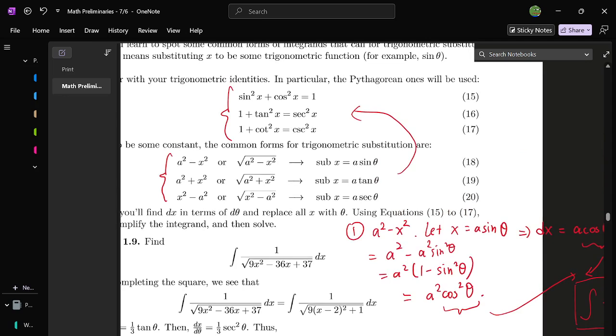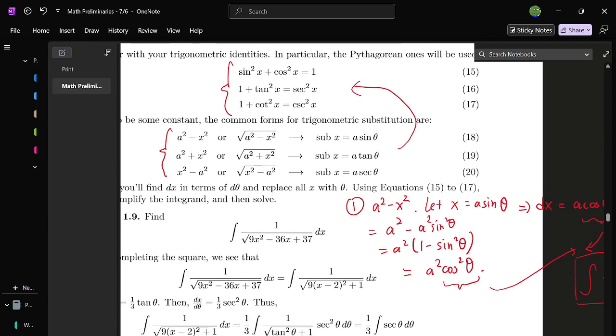So you can do a completely similar thing for the other two here, except you just use the other trigonometric identities.